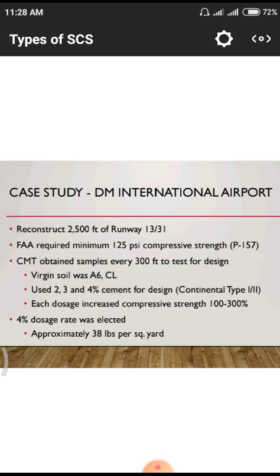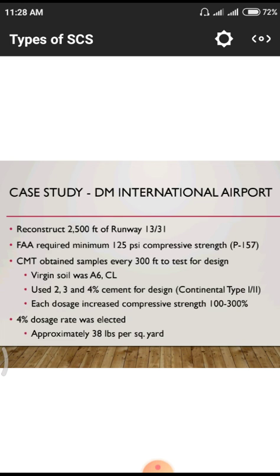They test for design. That means for every 300 feet of distance they are collecting the samples, and the soil was A6 CL, and they used 2, 3, 4% of cement for design. That means previously we have observed some 3 to 5% of cement is required in the first case. In the second case they are getting more than 5%.